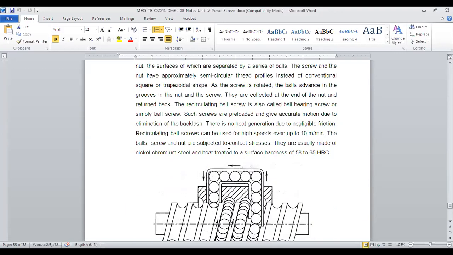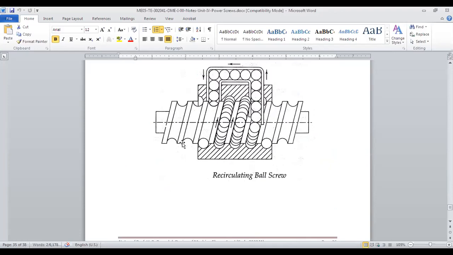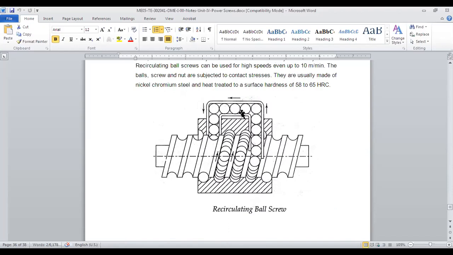Okay, so how does it look? See here, the groove on the screw has a semi-circular shape, so the balls move through it and circulate. Say we want very precise movement of the lathe on a CNC machine.